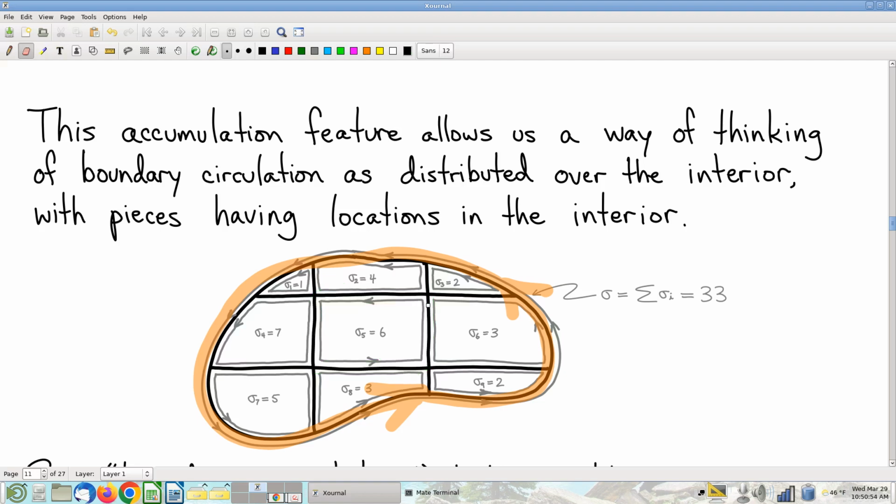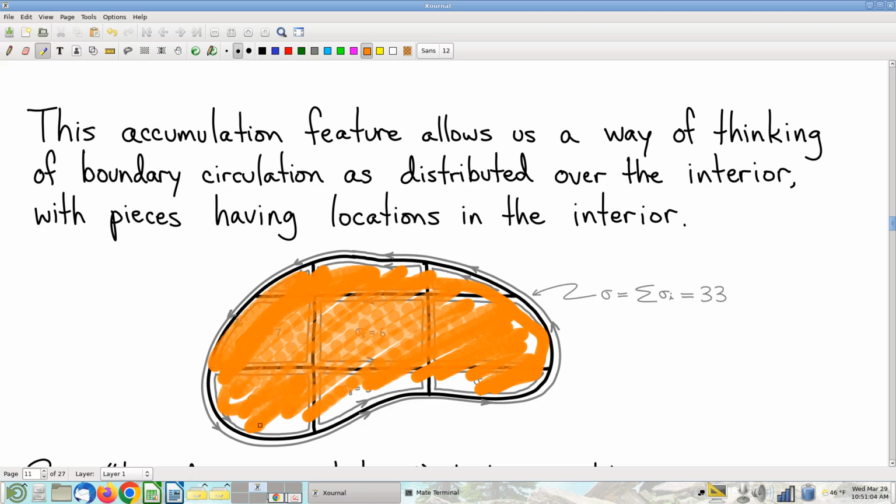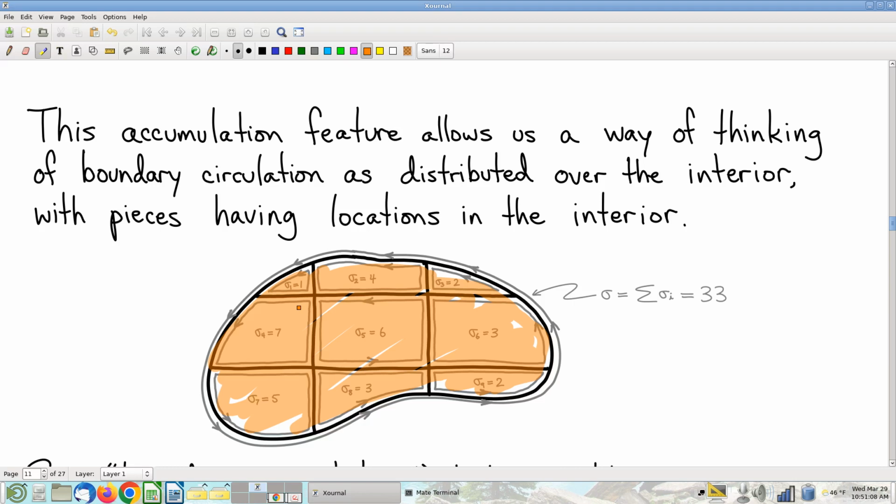But instead, better, let's think of it again in terms of the areas. If I were to ask how much of the boundary circulation on this orange region, how much of that orange region's boundary circulation is happening in this green region? Well, that's a reasonable question all of a sudden.